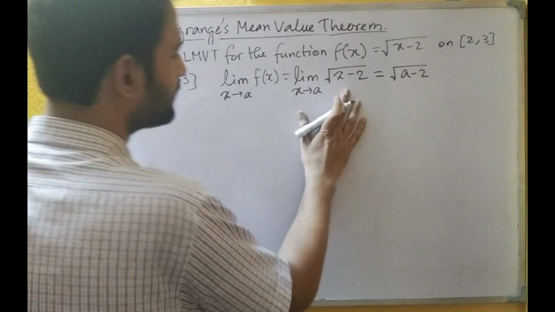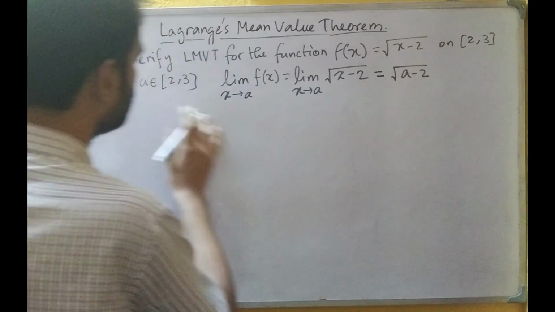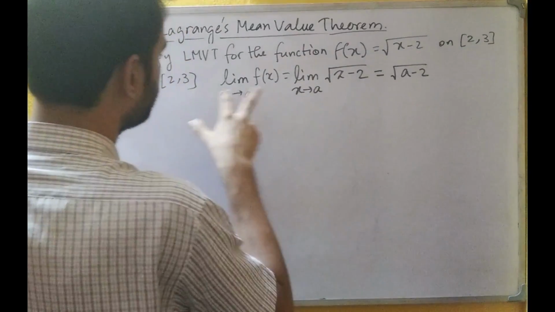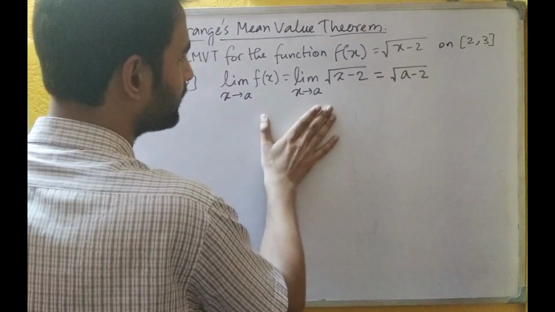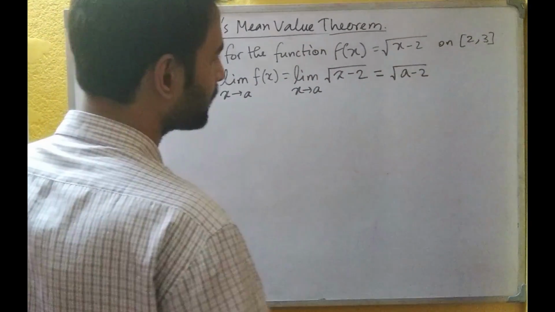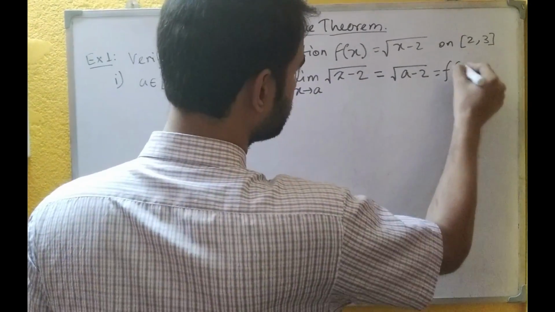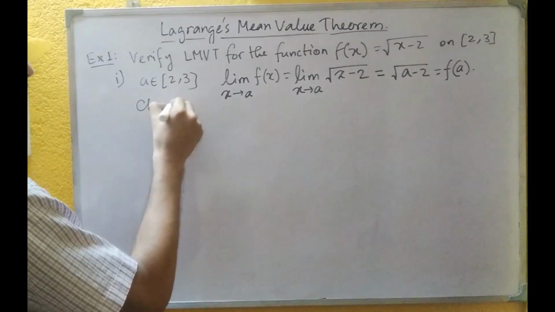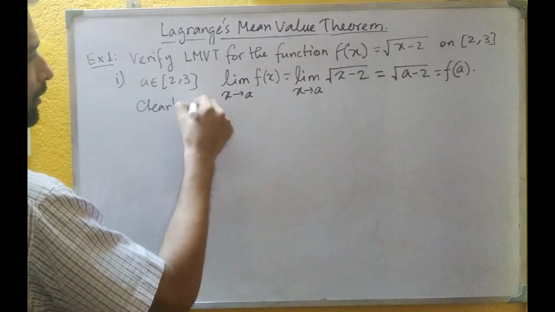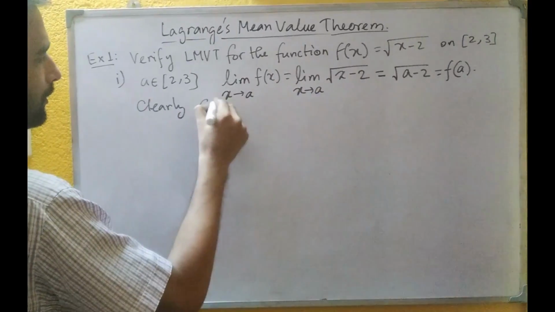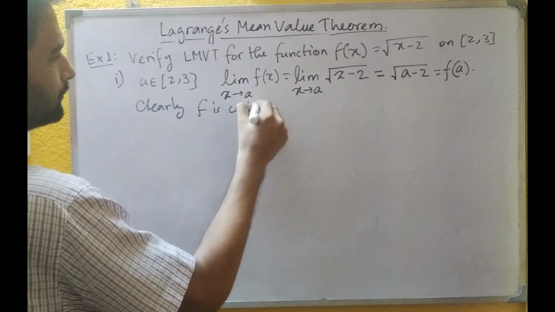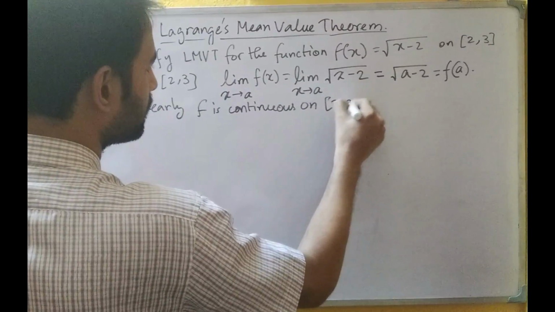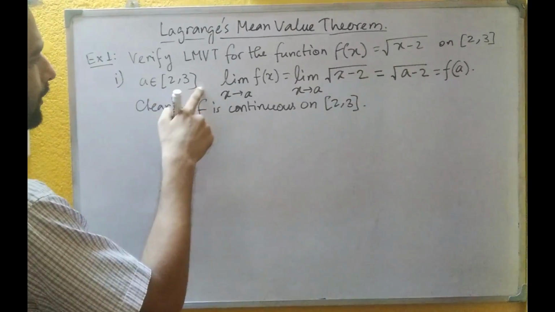We can straightforwardly put x equals a in the expression because we are taking a from the closed interval [2, 3]. That means it is in the domain of this function, and nowhere will the function be undefined at the point a. And also we can see that this is the value of f(a). So clearly f is continuous on [2, 3] because it is continuous at each point of [2, 3].